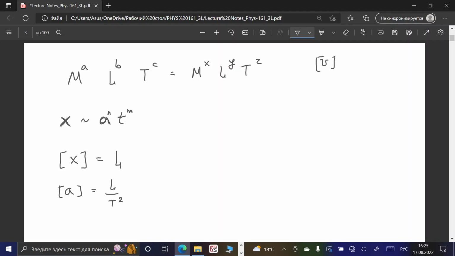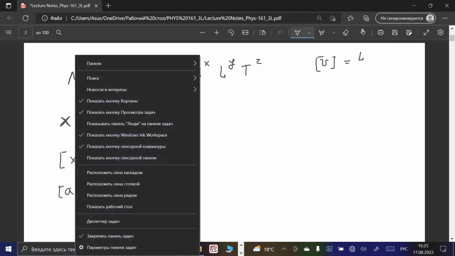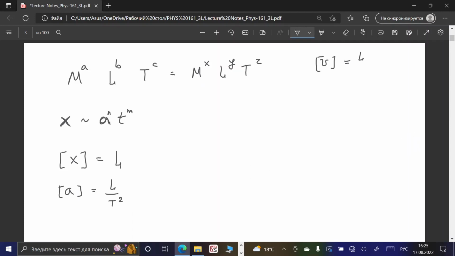So we have the dimension L, length, in the numerator, divided by t. Or it can be written as L to the power 1 times t to the power minus 1. That's how we get the dimensions of the physical parameters.